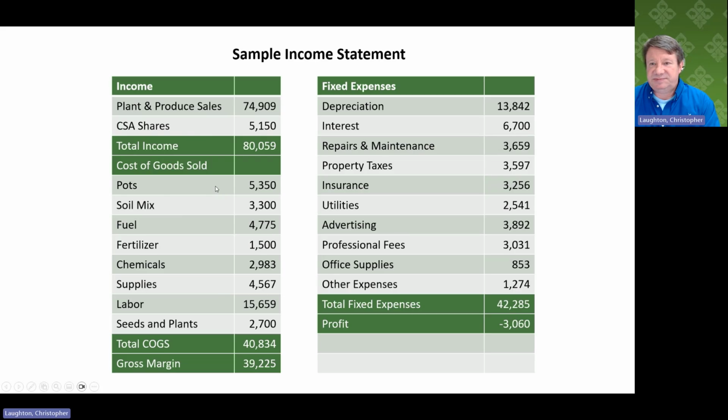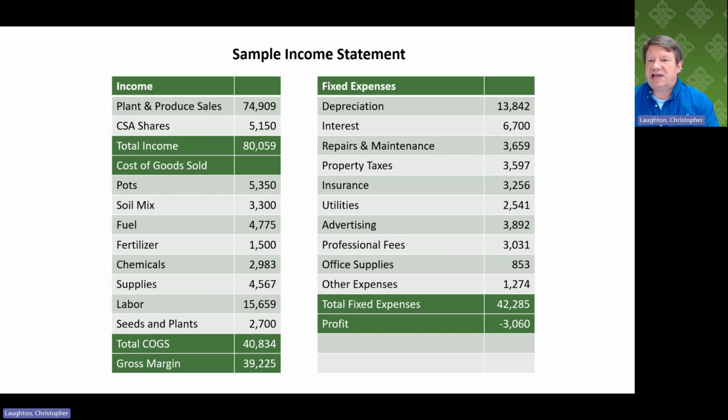If you're a dairy farm, for example, you would have a very different schedule of accounts. You would have things like animal feed, livestock replacements, supplies for your milking.